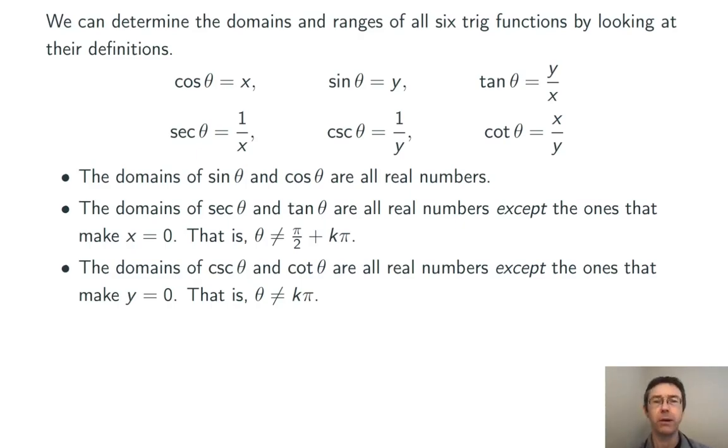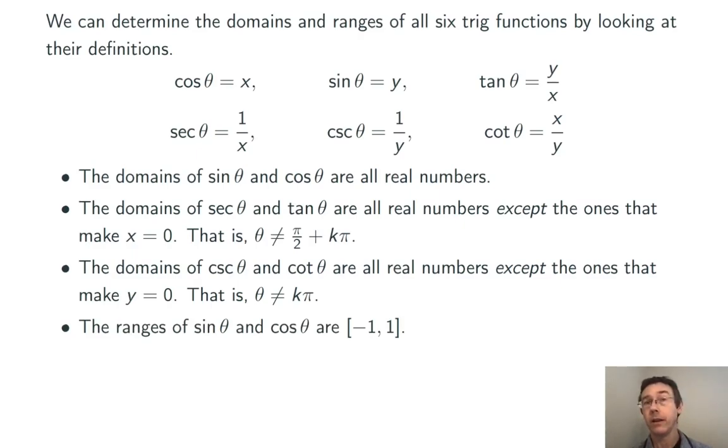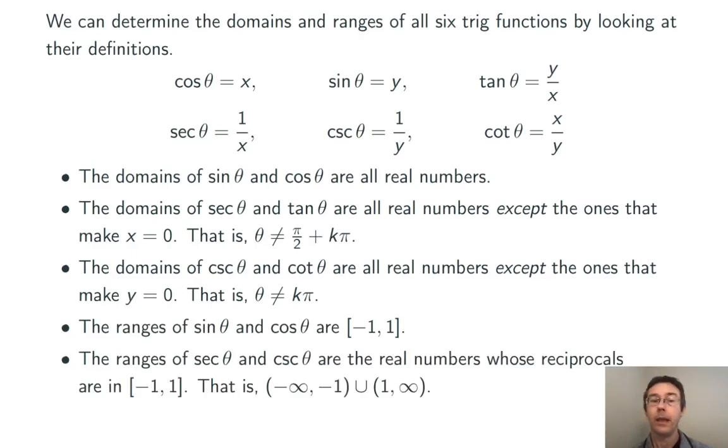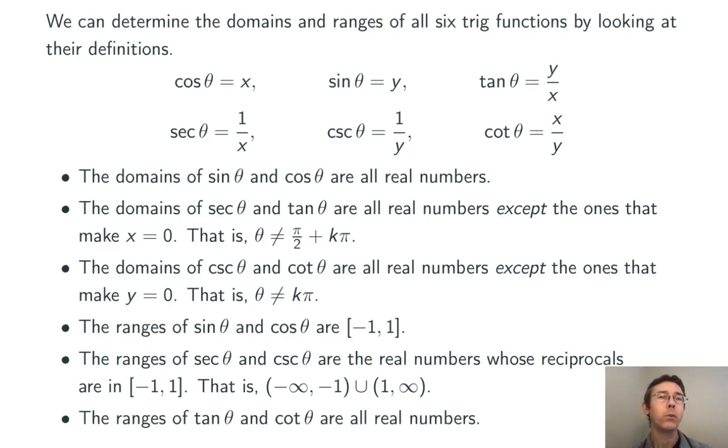So multiples of pi. The ranges of sine theta and cosine theta are -1 and 1, and the ranges of secant and cosecant theta are all real numbers whose reciprocals are between -1 and 1. So the numbers that are bigger than 1 in absolute value. Finally, the ranges of tangent and cotangent are all real numbers.